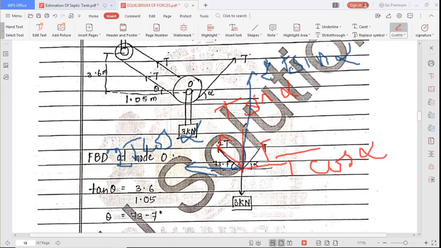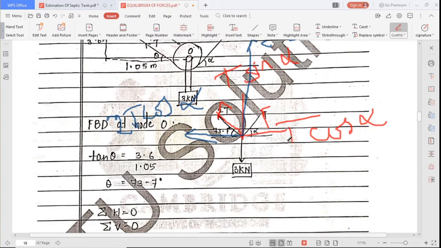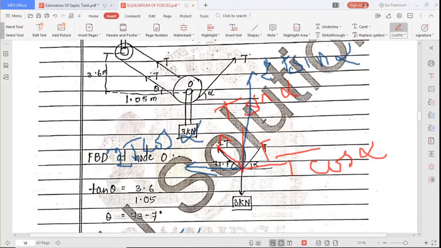So sigma H equal to 0, taking left to right as positive. Take T cos alpha. All the horizontal forces you have to take. T sin alpha is vertical and 2T sin alpha is also vertical.